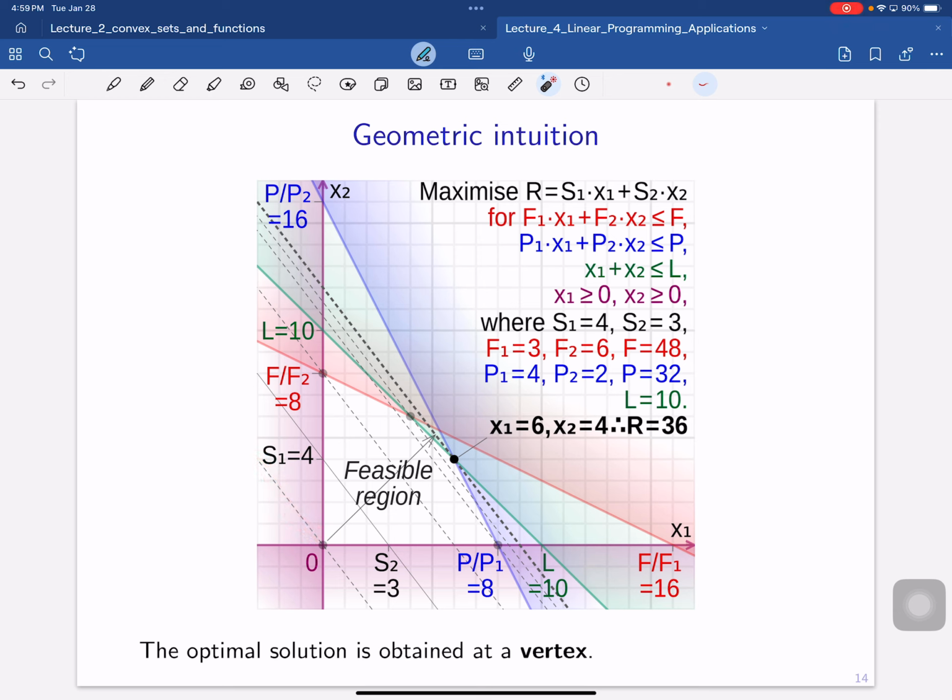Similarly, if you lie on this dashed line here, that gives you the same objective value. So what you can do is push this curve in this direction that is perpendicular to the dashed line, right? And see how far you can get until no point will lie on this dashed line, right?